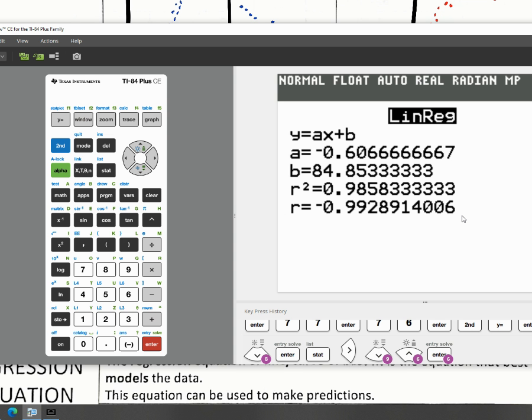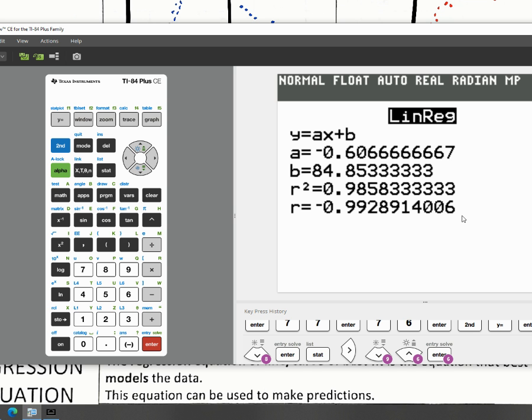Now, you saw the graph. Was it a perfect line? It wasn't perfect. So therefore, it can't be a perfect regression, but it's really close. Look, it's -0.99. That's really close. This line really does a good job correlating with this data. That's what R is about.